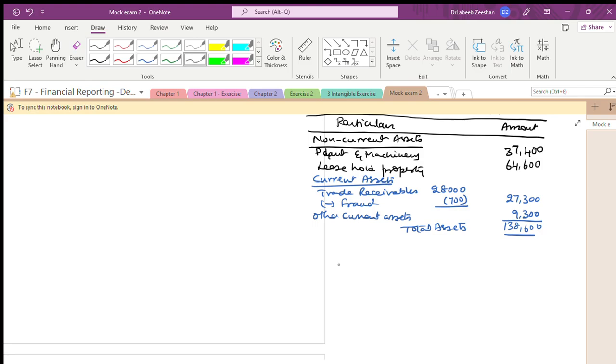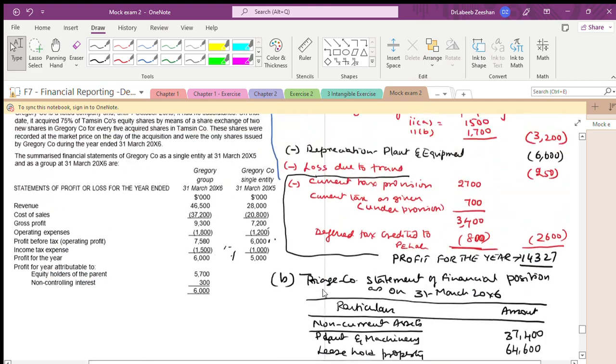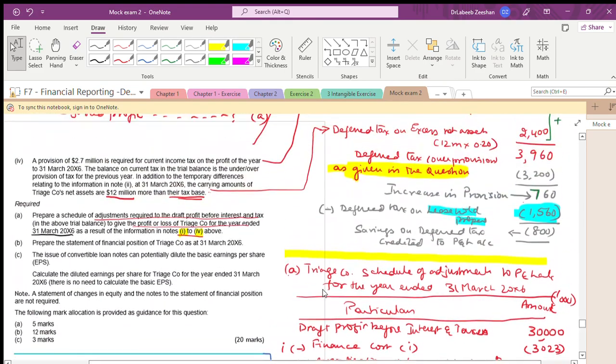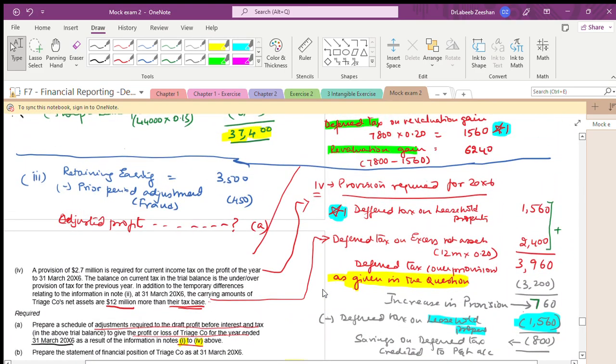Next, equity and liabilities. Somewhere we have put a question mark. I think retained earnings. I told you that we will take it. Yes, here. Adjusted profit.